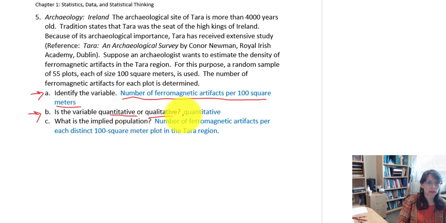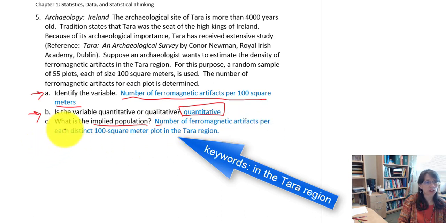So we know that our data would be quantitative in nature. And finally, part C. What is the implied population? So that would be the number of ferromagnetic artifacts per each distinct 100 square meter plot in the Tara region. So we just really added one more detail to our variable of interest, and that is to say where these artifacts are found. So the information is specific to the Tara region.